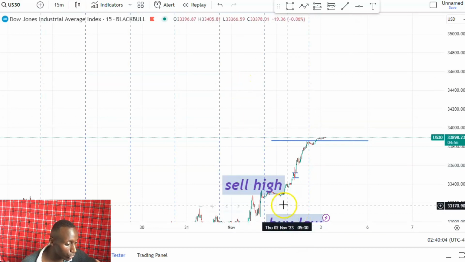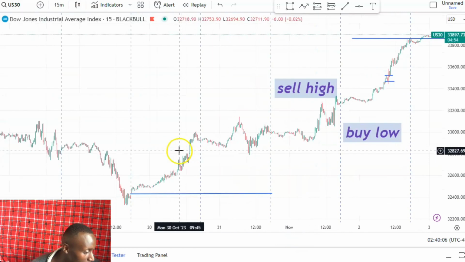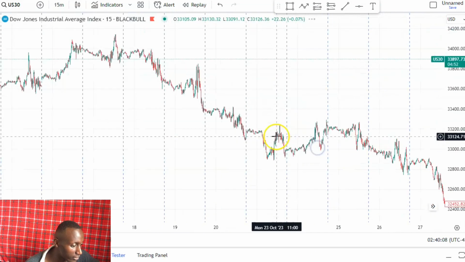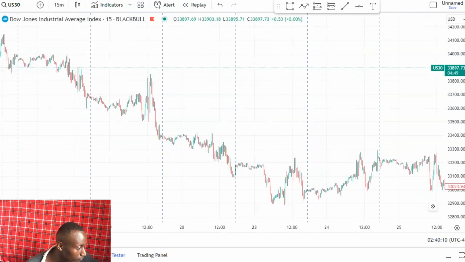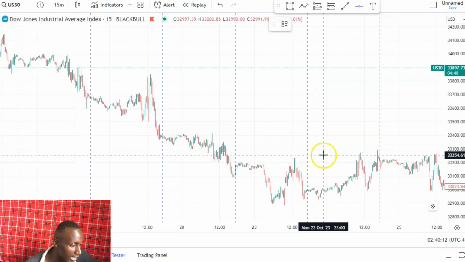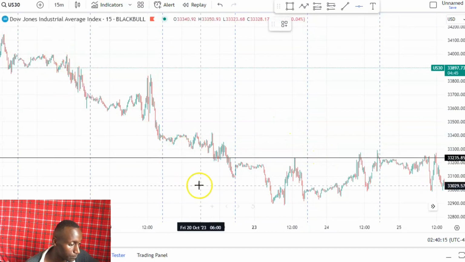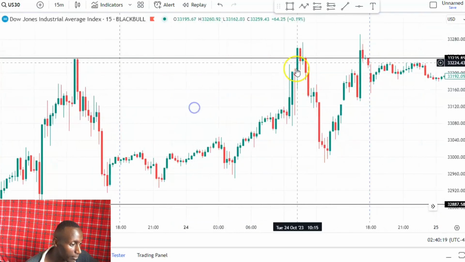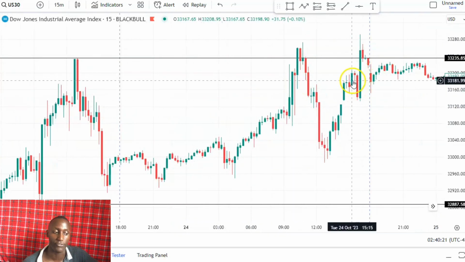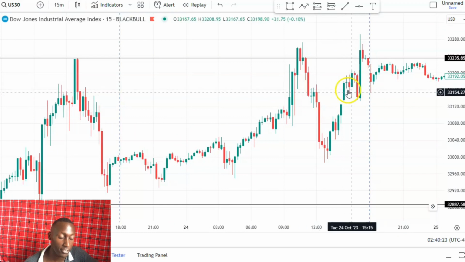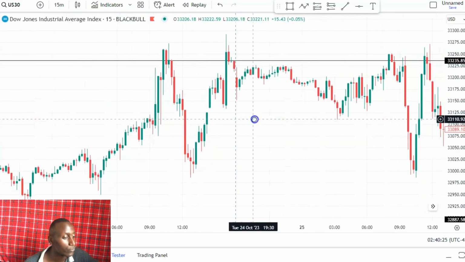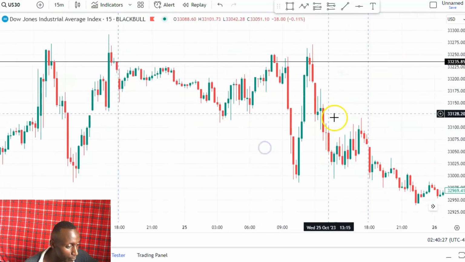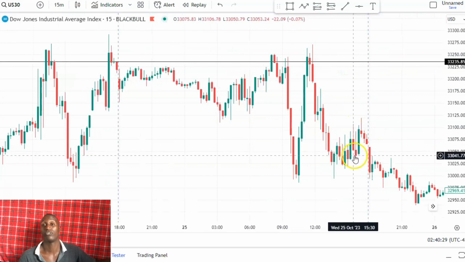So let me show you a live example from last week. So if you look at last week, Monday set the high and the low of the week. And then look at Tuesday. Tuesday breaks out, closes back inside of the range. Now our thesis is that we are selling high. On Wednesday, we sell high, price continues selling.